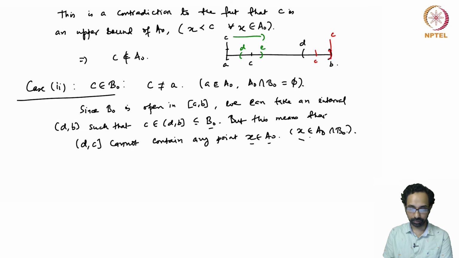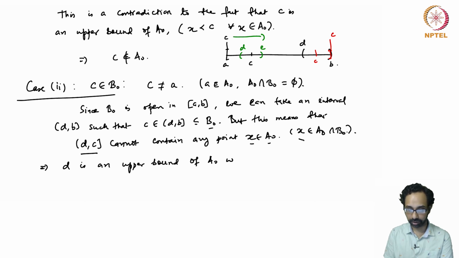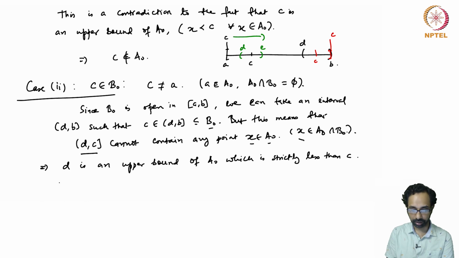This is a contradiction. So this interval DC cannot contain any point of A0. This implies that D is an upper bound of A0 which is strictly less than C, and this is a contradiction to the fact that C is the least upper bound of A0.